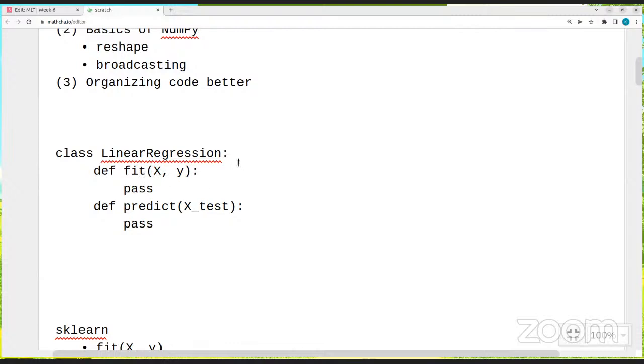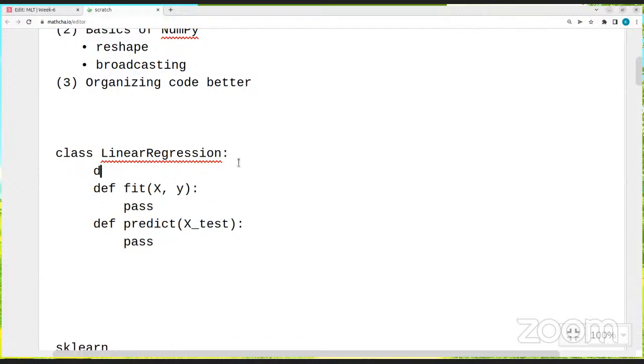For example, if your linear regression requires you, when you're fitting the data, to compute the linear combination, then just for the sake of adding something, I can add a linear combination method, just so that I make my life difficult.